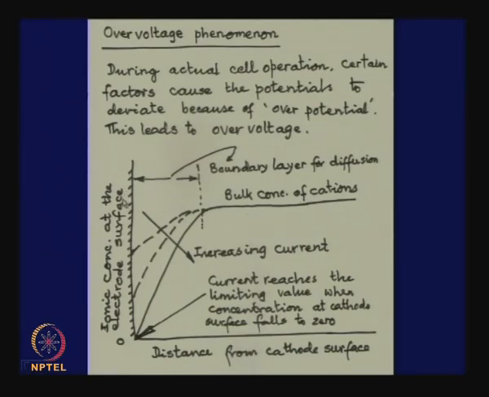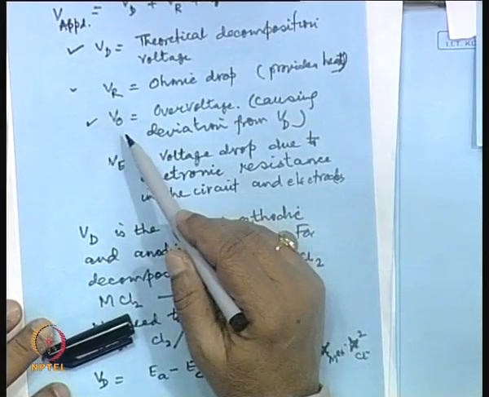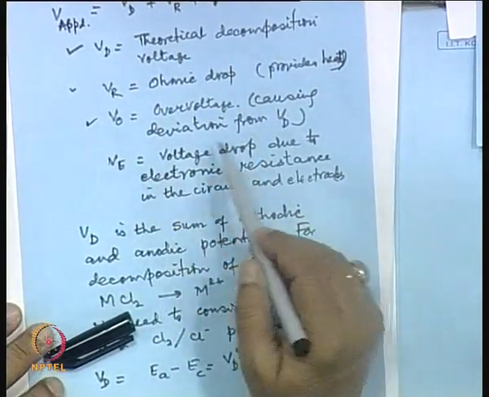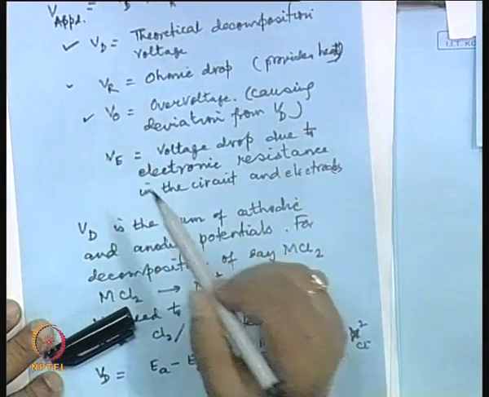So, metal ion concentration gave some voltage, but when current starts passing, the metal ion concentration at the surface changes. This gives rise to deviations from the electrode potential. Another reason for deviation in electrode potential is what happens at the surface, that after all at the surface the metal ion has to deposit. So, there is a surface reaction, and overvoltage due to that is called activation overpotential. So, the V o, that is overvoltage, comes from both activation overpotential and concentration overpotential, and this causes deviations from V d.